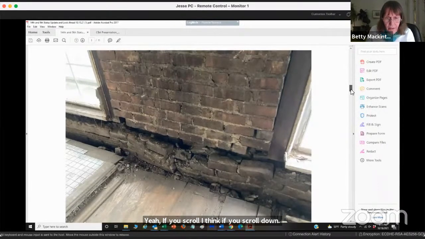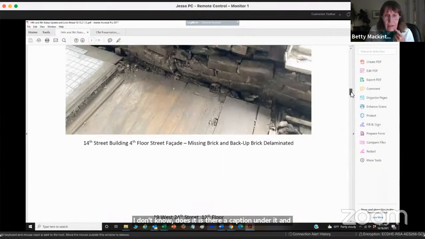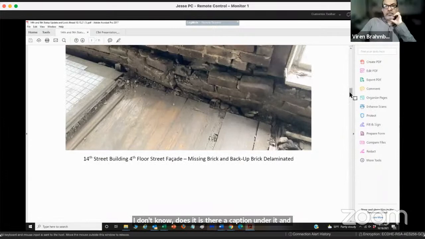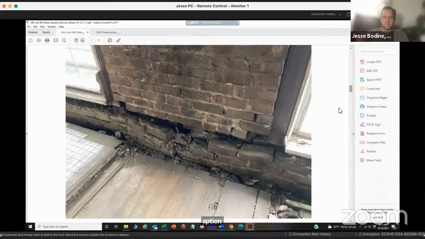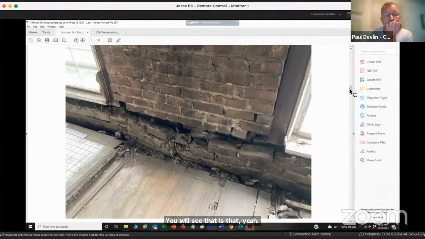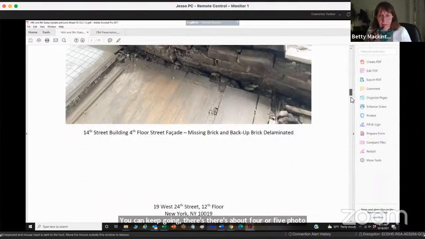Is there a caption under it? Yeah, I think there's a caption. That's the 14th Street side, right? Okay, you could keep going. There's about 4 or 5 photos.